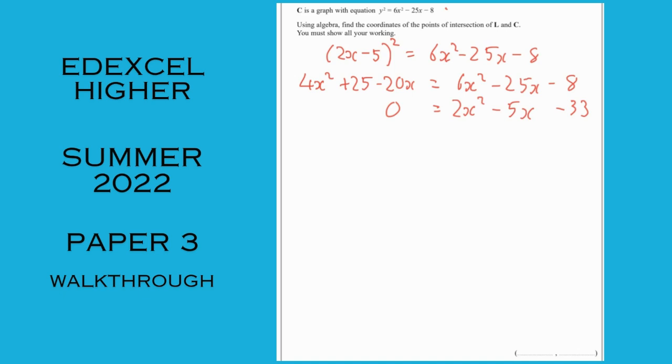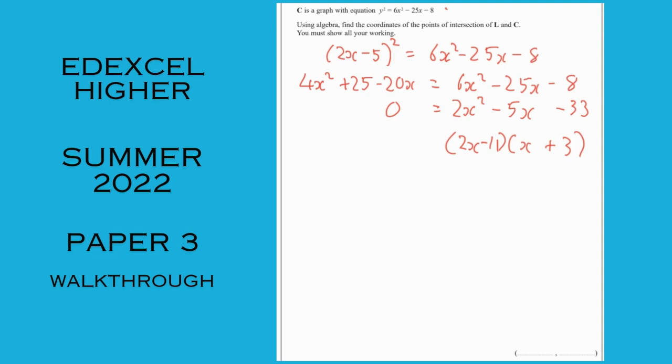There we go. You've got your calc, so you could go for quadratic formula, but it's not the worst factorising in the world. Can be done by sight or the AC method, because it's -11, +3, and if you check, 3 times 2x is 6x, take away 11x, gives you the -5x in the middle.